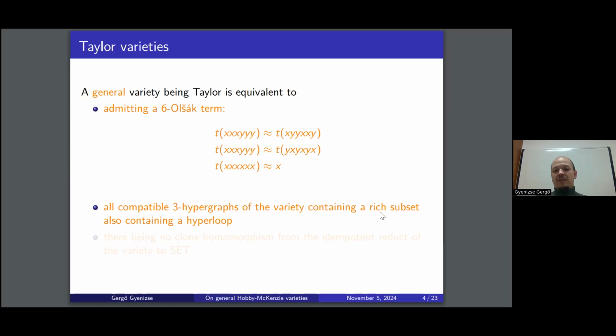So in that rich subset, the elements that are in the relation are xxy, xyx, xyy, yxx, yxy, yyx. So all the triples that are not loops. From this we can somehow find a loop just by a Taylor term.